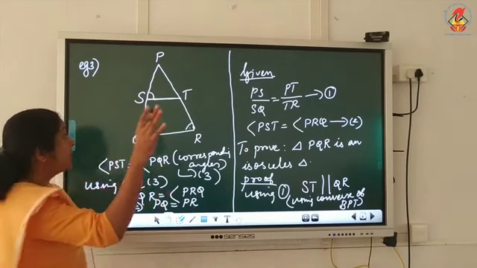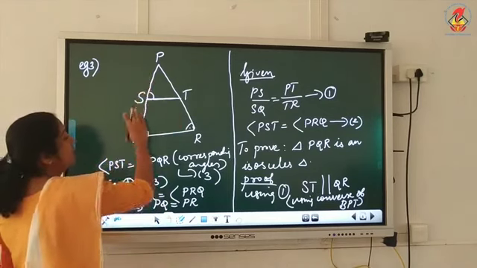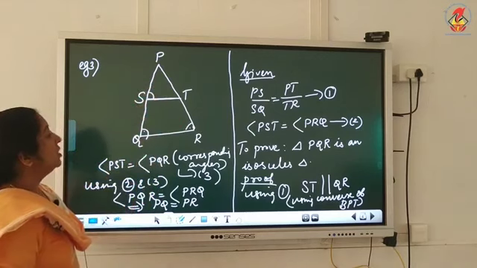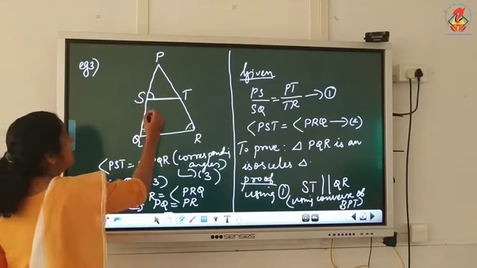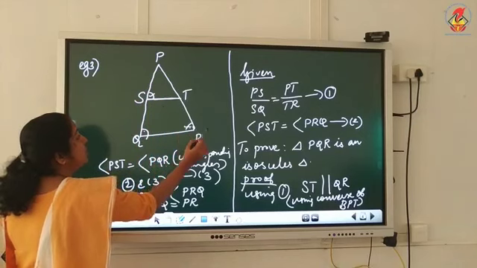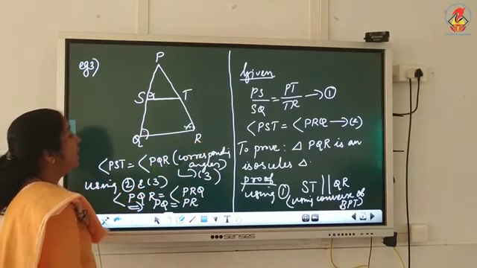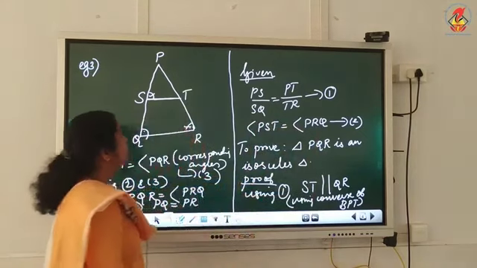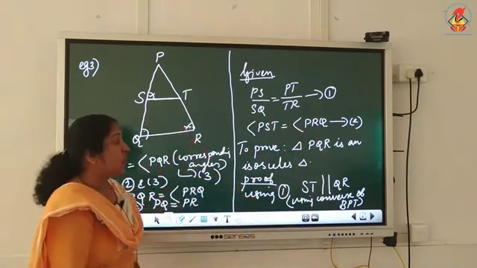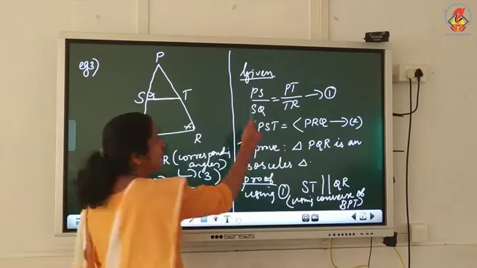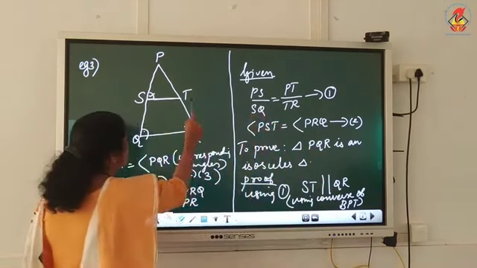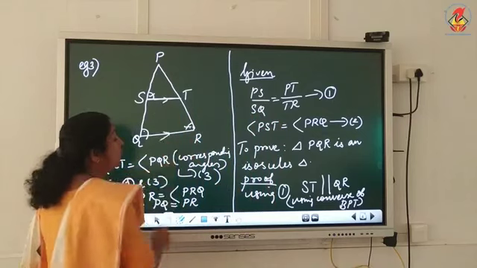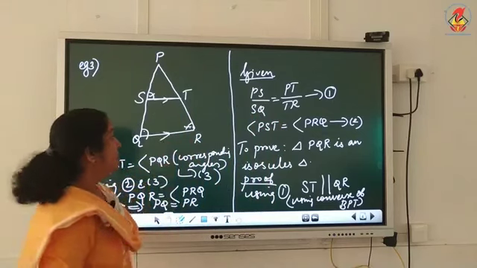Let's explain this once again. What is given is PS by SQ is equal to PT by TR and angle PST is equal to angle PRQ. We have taken this as 1 and 2. We have to prove that PQR is an isosceles triangle. From the first one, we can conclude that ST is parallel to QR using converse of BPT.